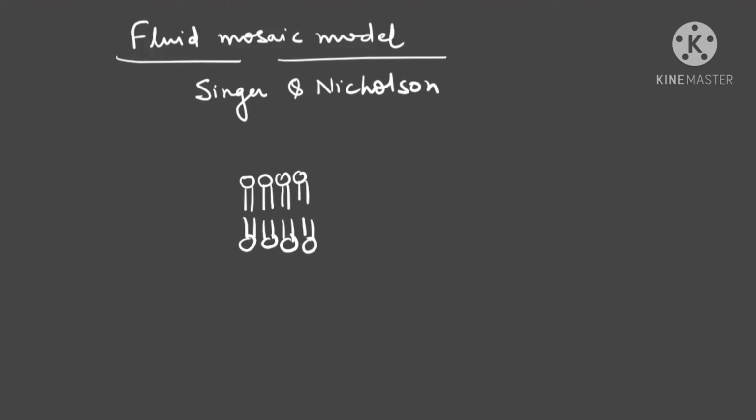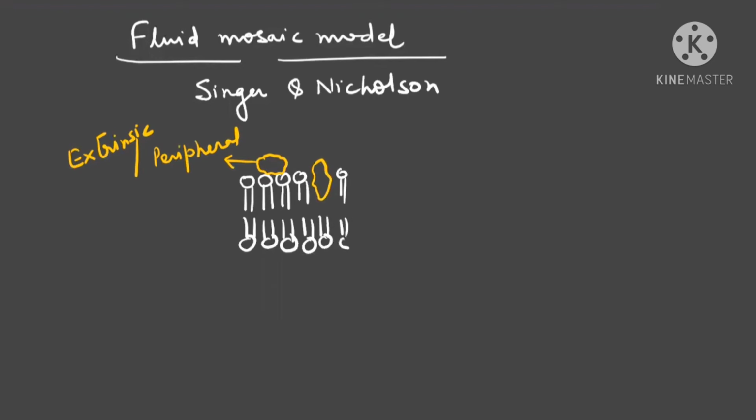Depending upon the ease of extraction, if they are present outside only, we say peripheral protein. So protein can be peripheral, also known as extrinsic protein, because they can be easily extracted out. Sometimes the protein can be embedded inside. Here right now I've embedded it only half.